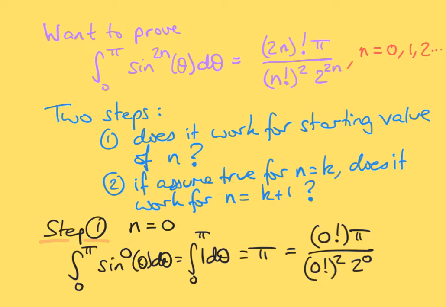But we know, of course, that 0 factorial is 1, so these are just 1s, and 2 to the 0 is 1, so this is actually just equal to pi. So our formula holds for when n is 0.